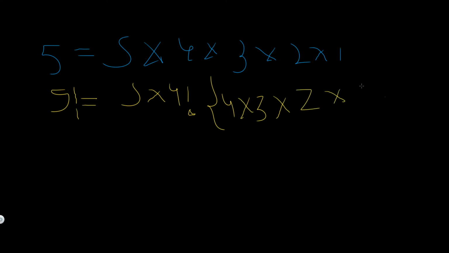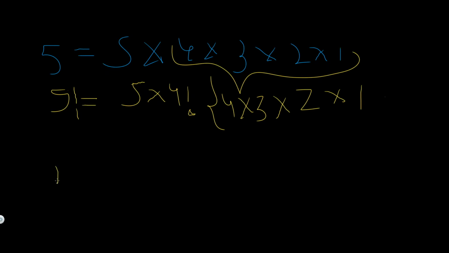times 1. So this is the factorial of 4, and this is also the same, so this is referring to this. So instead of writing 5 times 4 times 3 times 2 times 1, we can write 5 factorial is equal to 5 times 4 factorial.